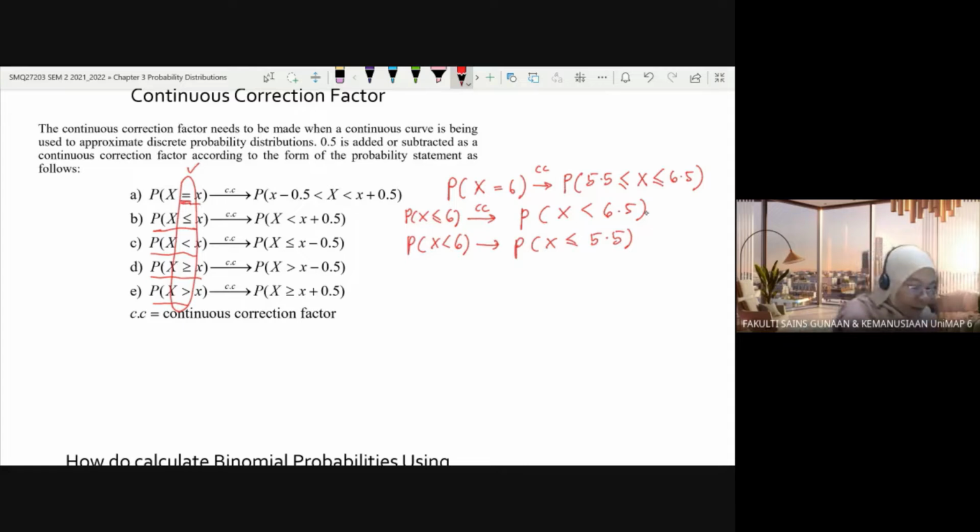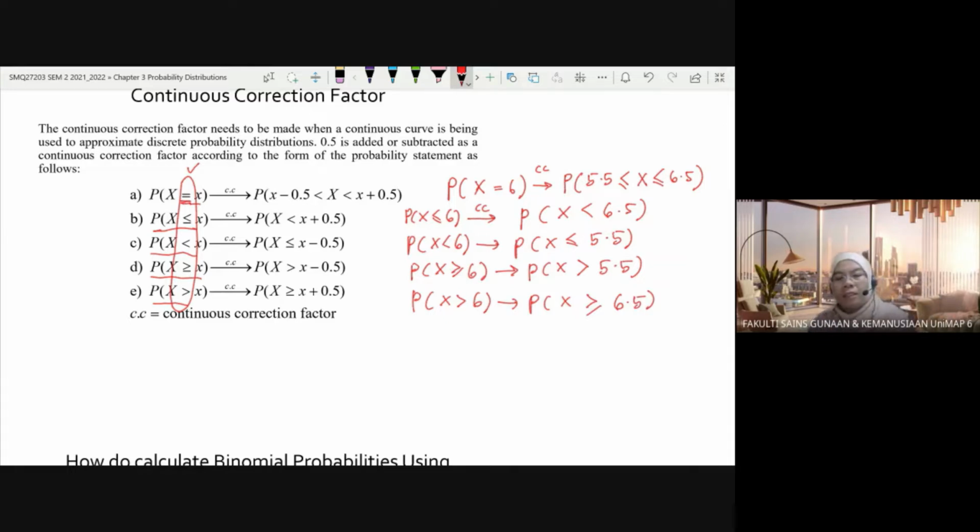Okay, D, what if you have P(X greater than or equal to 6)? This becomes P(X greater than 5.5). And if you have P(X greater than 6), this becomes P(X greater than or equal to 6.5).